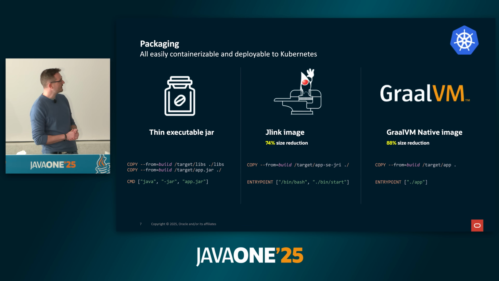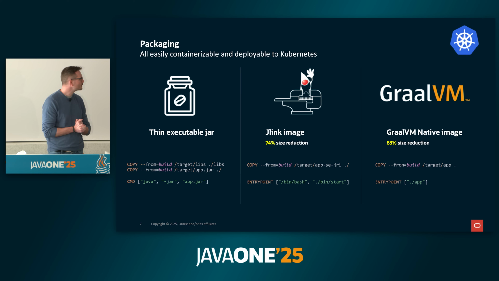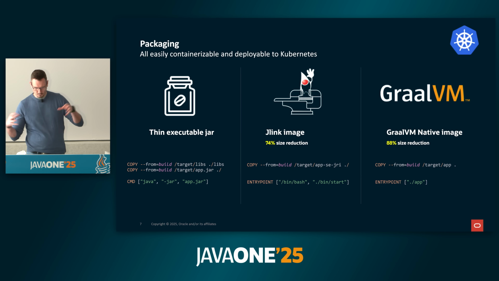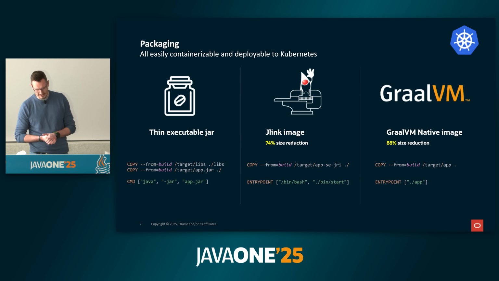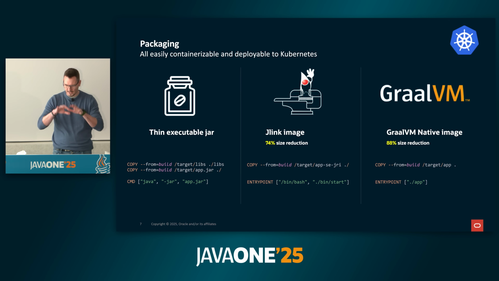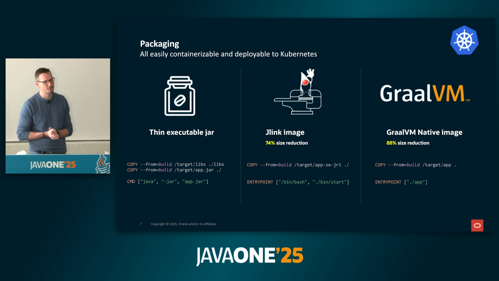I did a small measurement for you with our quick start hello world, and I got a 74% size reduction. So when I count together the JDK and the 4 megs of the application, it's around 340 megs. I got 88 megabytes in the final package which was runnable.